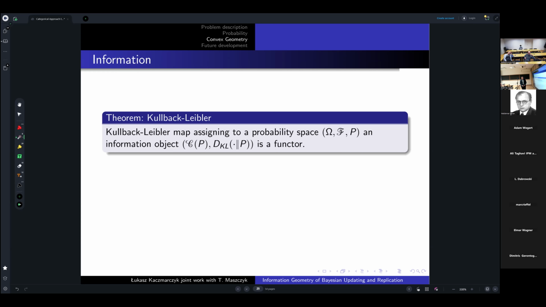The problem that we've encountered before was that everyone would like to have in here, instead of Kullback-Leibler divergence, the Shannon negentropy, simply because it is more canonical.